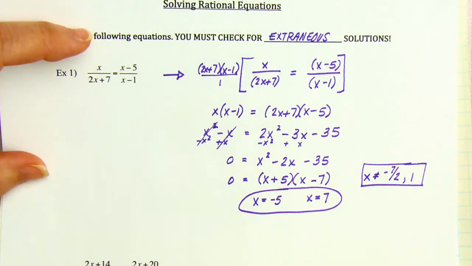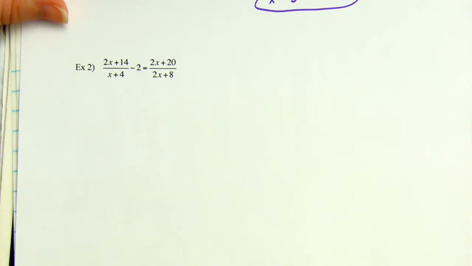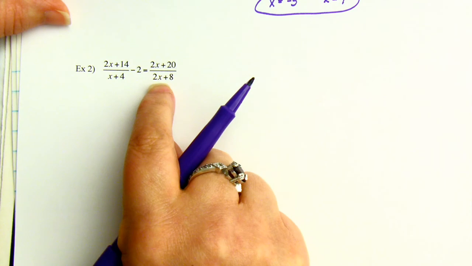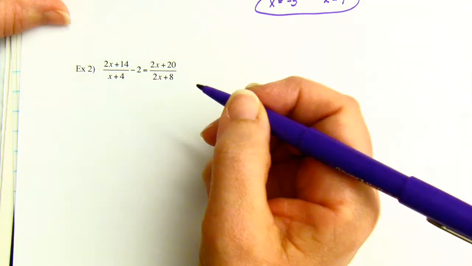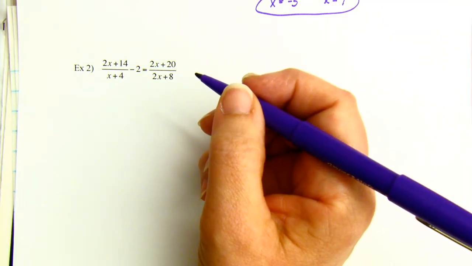All right, let's take a look at the next example on the page. Now, I know you're going to be tempted to want to keep this as 2x plus 8, but you should not do that. You need to factor this. All right, this is GCF. Two terms is always either GCF, dots, or cubes.